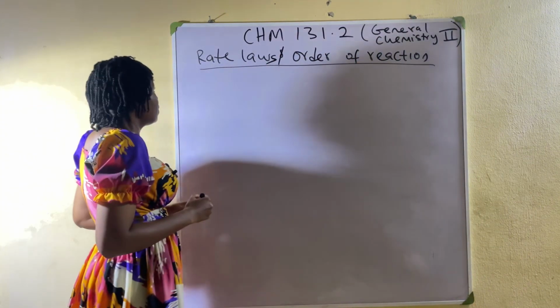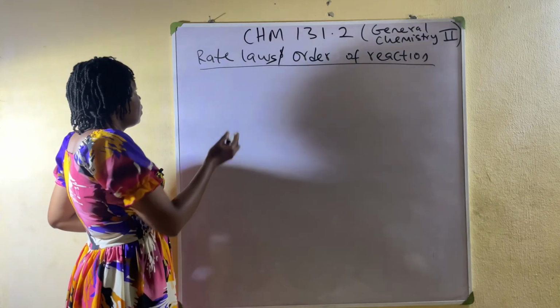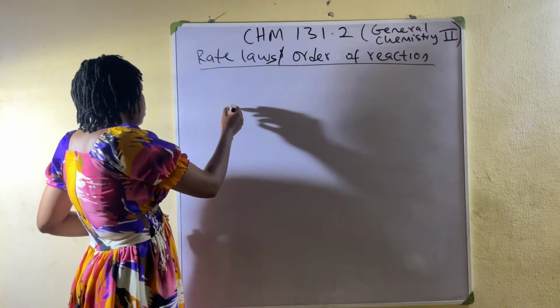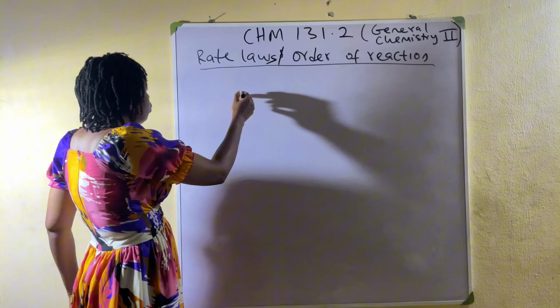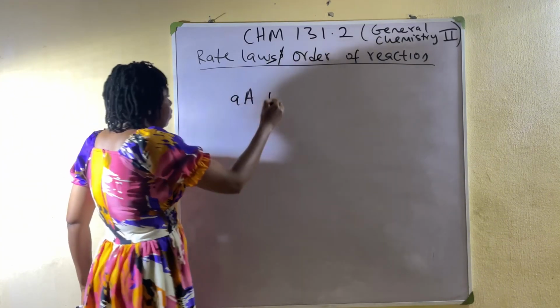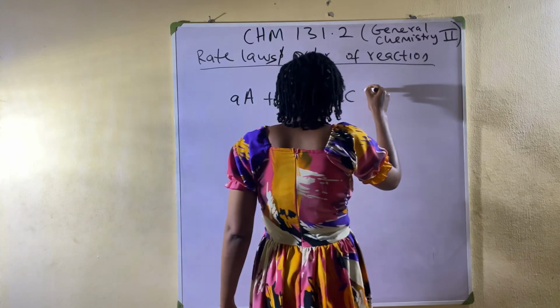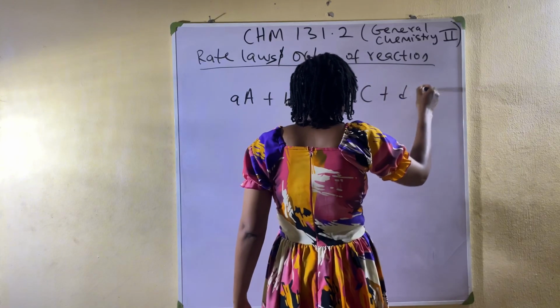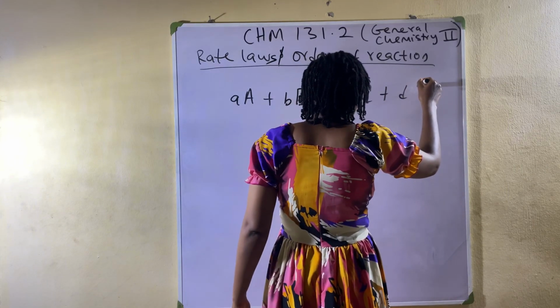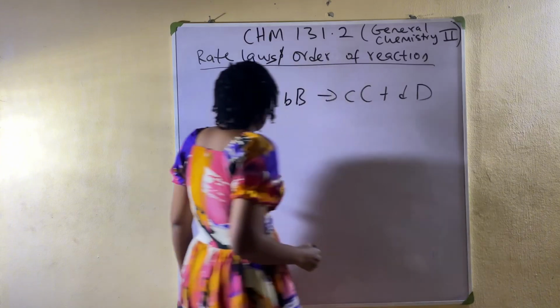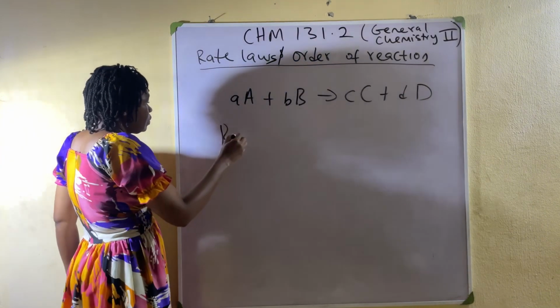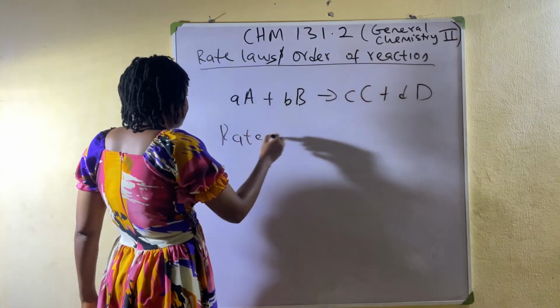So we're looking at rate laws. Let's look at this equation on the board. So rate varies.